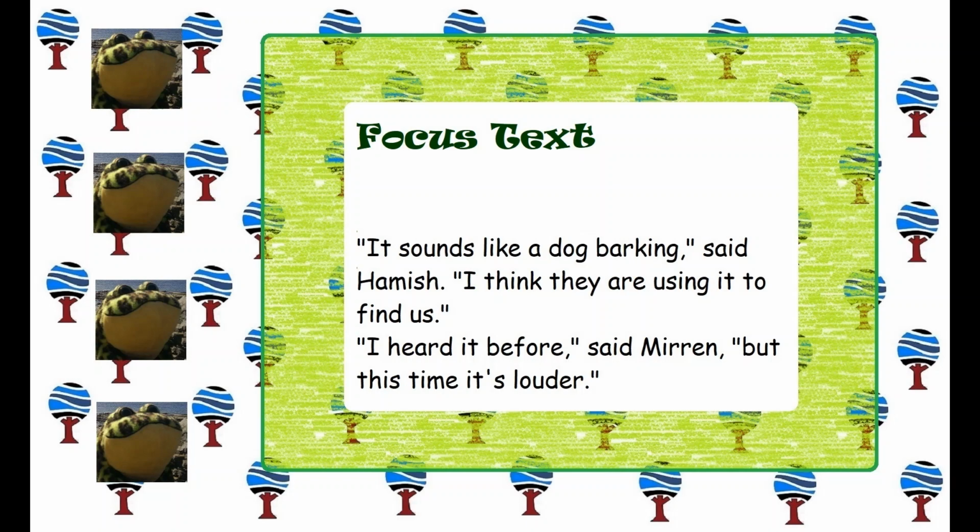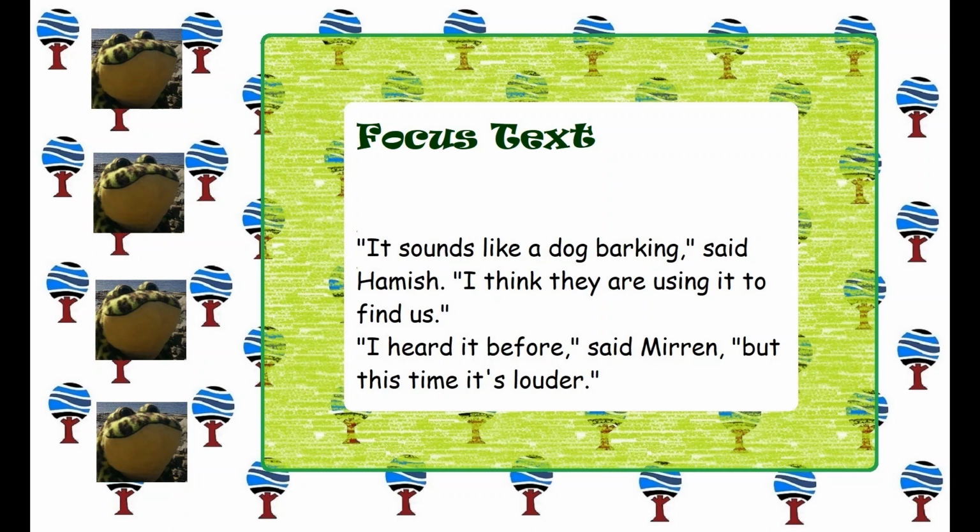Okay, so that's the important bit from there. What we also need to look at is the way that this speech is punctuated with things other than speech marks. So we have capital letters, because it's actually two sentences that he's saying. Hamish has said his first sentence is, "It sounds like a dog barking." His second sentence is, "I think they are using it to find us." So we have a comma for the first bit, just like what we showed you at the start about the way that they punctuate, because it's just a normal sentence.